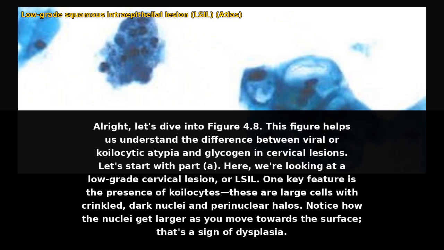One key feature is the presence of coilocytes. These are large cells with crinkled dark nuclei and perinuclear halos. Notice how the nuclei get larger as you move towards the surface. That's a sign of dysplasia.